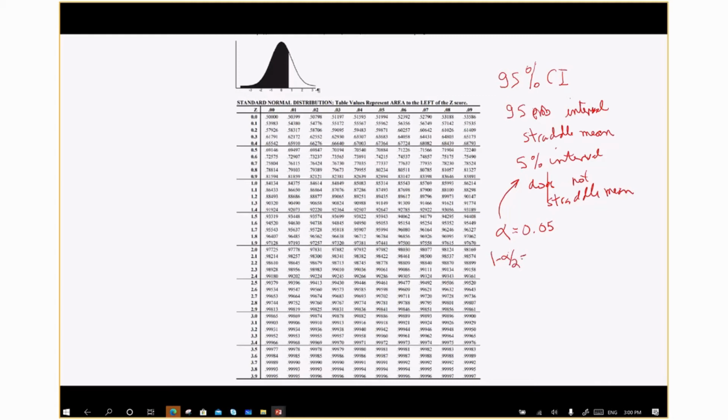which is going to be equal to 1 minus 0.05 divided by 2, which is equal to 1 minus 0.025, which is equal to 0.975.